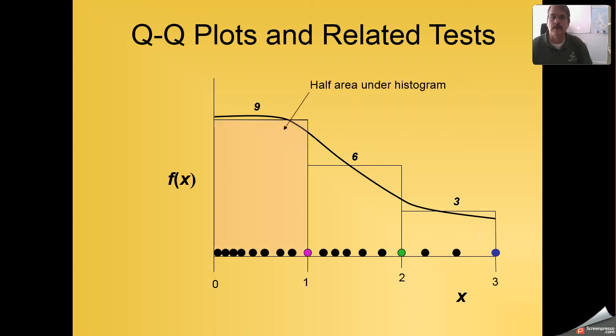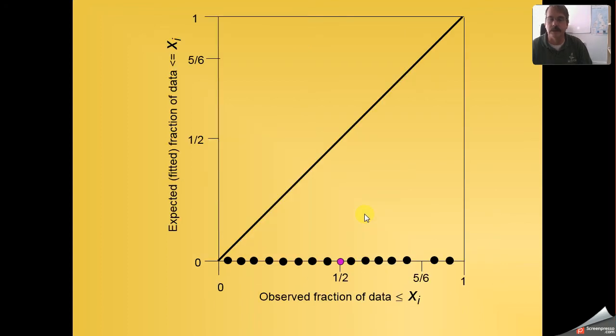The way we go about doing that is recognizing the rate or the speed with which we move through our data cumulatively. So half of our data lived between 0 and 1. 5/6 of our data lived between 0 and 2. And 100% of our data lived between 0 and 3.